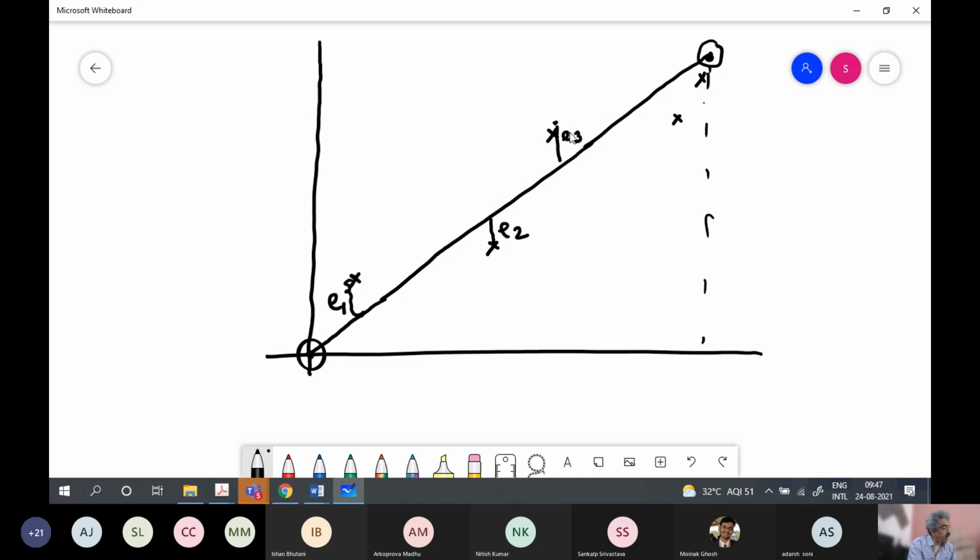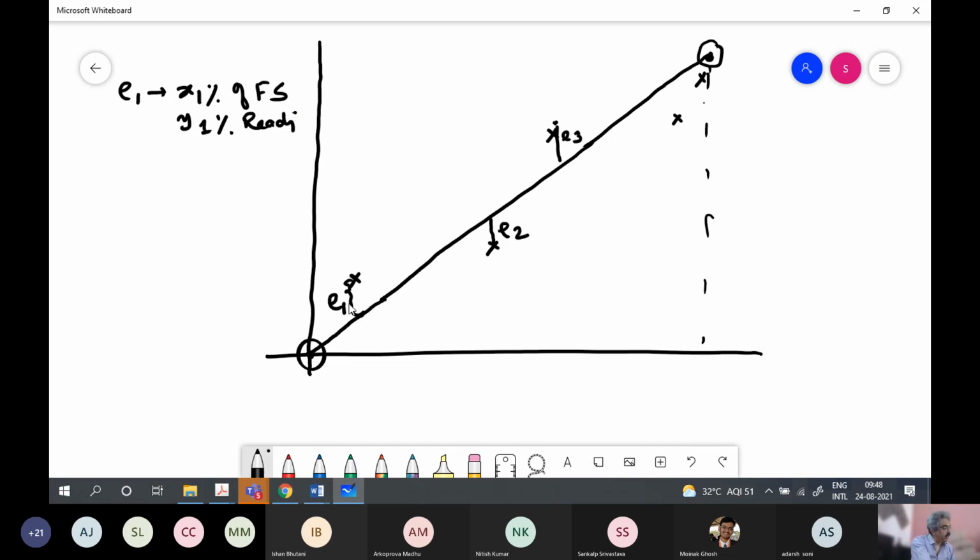So now E1 can be expressed as X1% of FS and Y1% of reading. Obviously, you can understand that Y1 is going to be very large here.